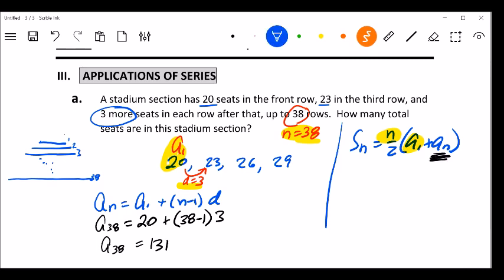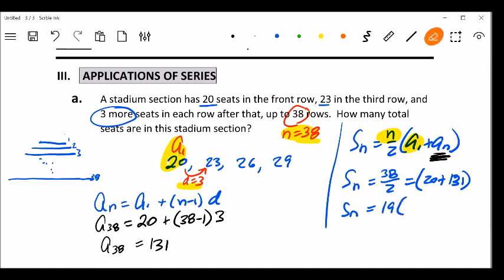So let's put that in over here. The sum, that's 38 over 2. First term is 20, and then 131. So we have 19 times, I put an equal sign here when it wasn't supposed to be, so I'll rewrite the rest of that too. 20 plus 131.